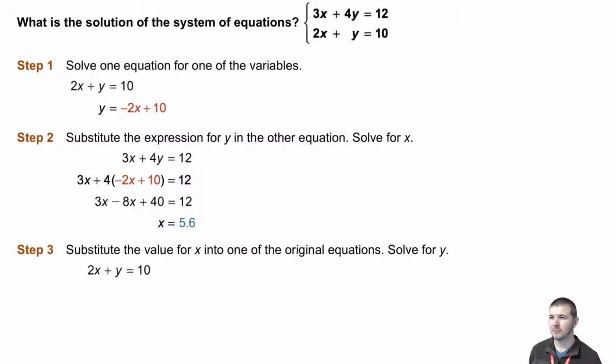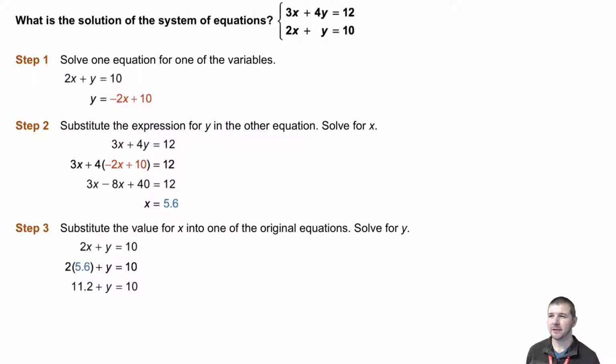In this case, we've chosen 2x plus y equals 10, substituting 5.6 for x. 2 times 5.6 plus y equals 10, and solving for y, we find y equals negative 1.2. This means that along with our x value of 5.6, a y value of negative 1.2 solves the system. So we can state the solution is 5.6, negative 1.2.